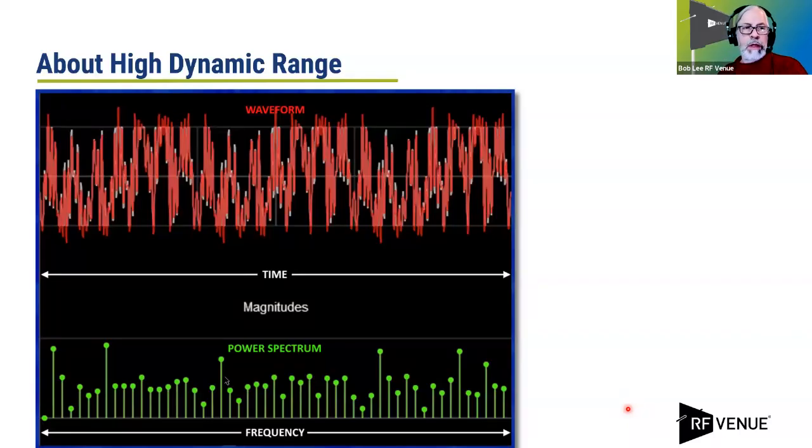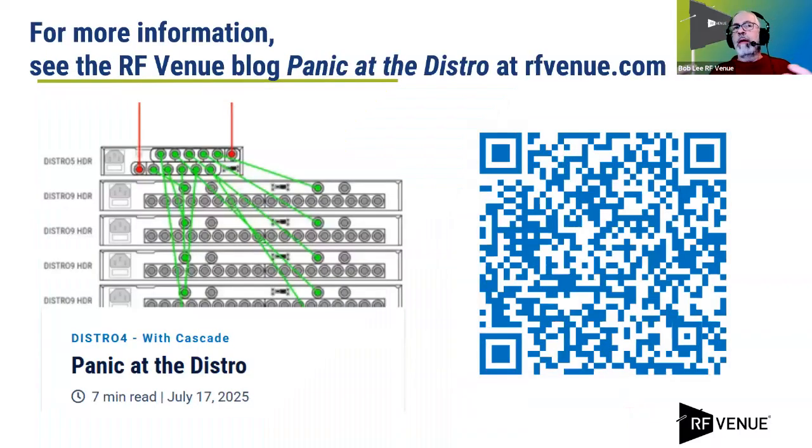Okay? So if you want to know more about distros and stuff, there's a blog that I wrote a few months ago called Panic at the Distro. It's available on the RF Venue website, and you can use this QR code to access it directly. Now, we also have a whole bunch of other blogs and videos, webinars, and other educational resources available on our website.